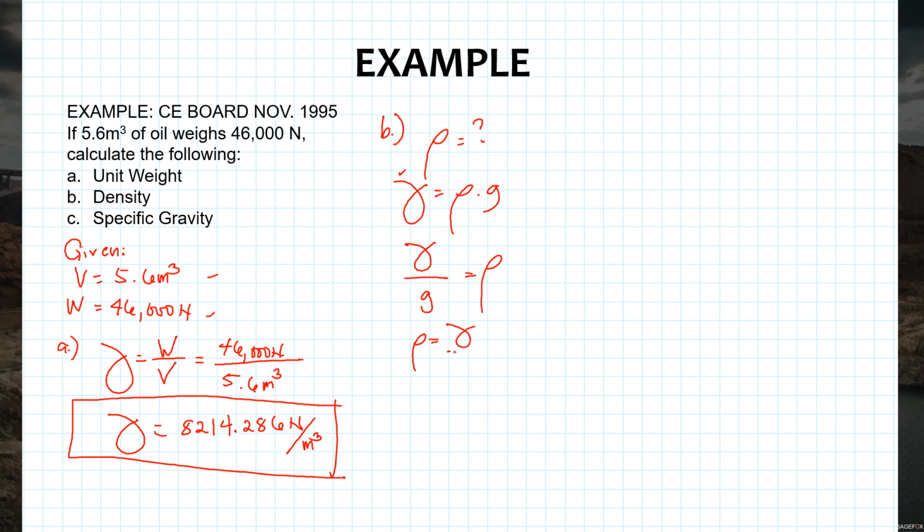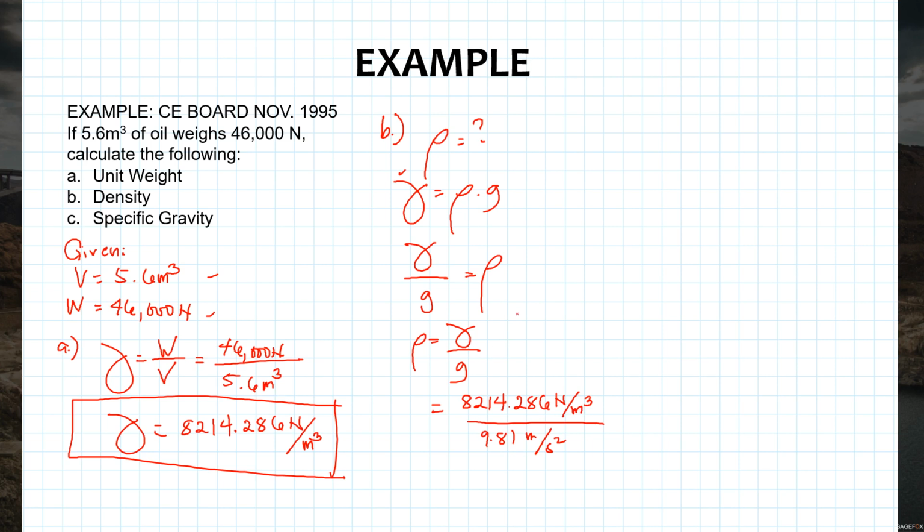Okay, so let me rewrite that. That will be 8214.286 Newton per cubic meters to be divided by 9.81. G is acceleration due to gravity. We are in SI units. So that's meter per second squared.